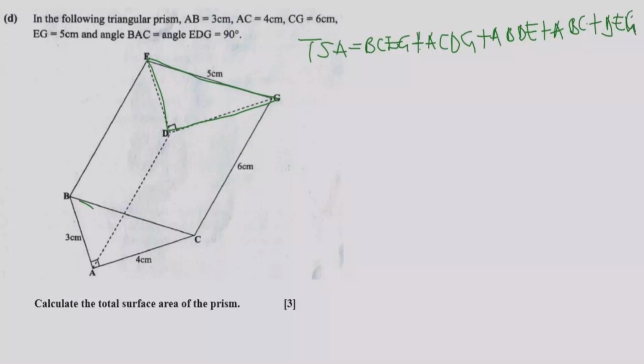Okay, so now once we've come up with this, we can say equal to, then we can write these according to their numerical values. So we can find the surface area of these sides. So let's start with the first one, which is BCEG. So this is the one I'm talking about.